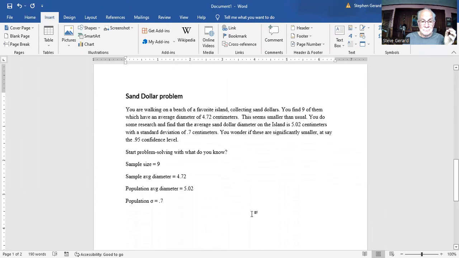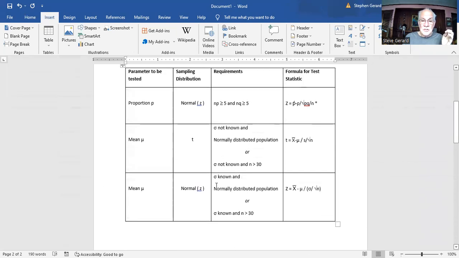Down here, I've pointed out sigma, the standard deviation of the population. This is the average for all of them that they know about the island, 0.7. So that's the population standard deviation. So I'm working with an average and I know sigma, so I'm going to be using a normal Z.